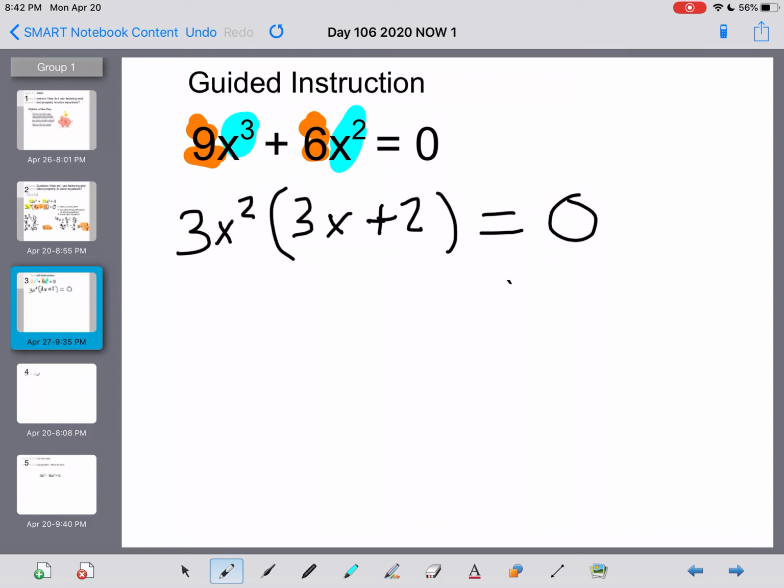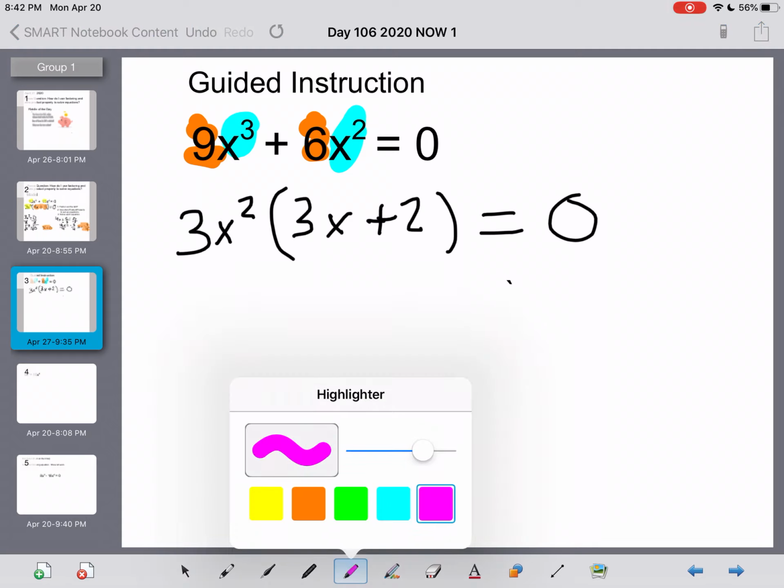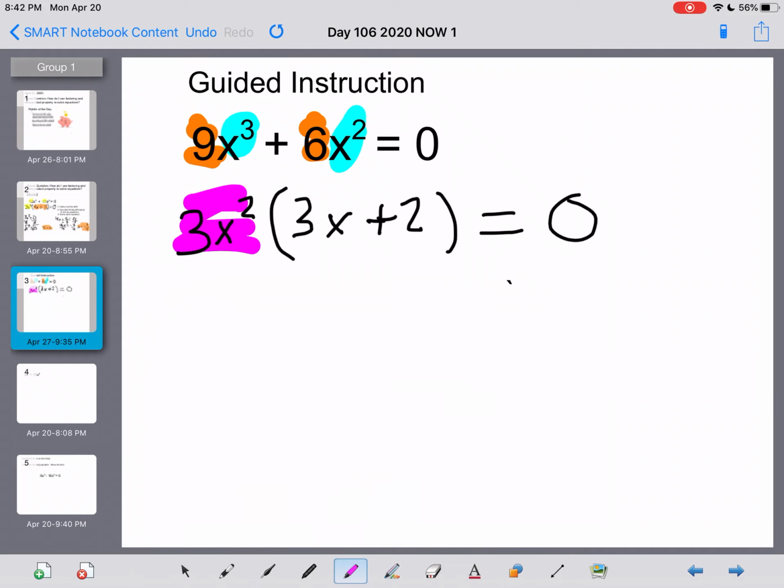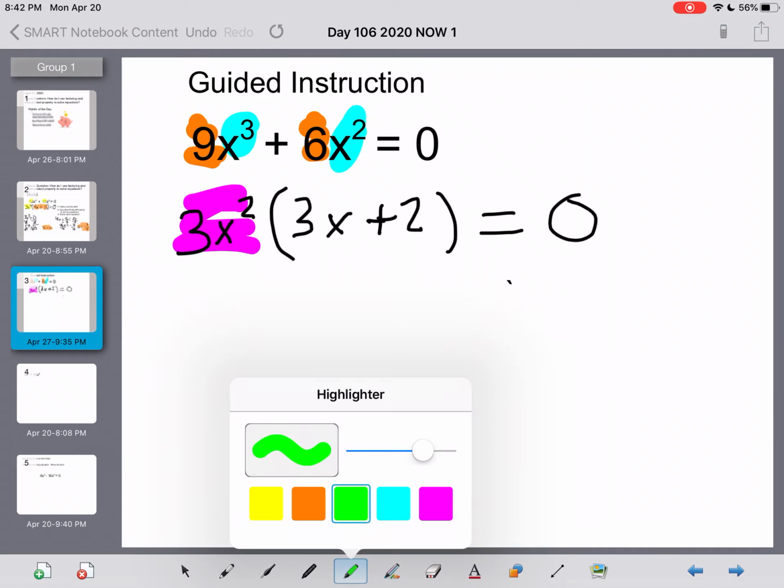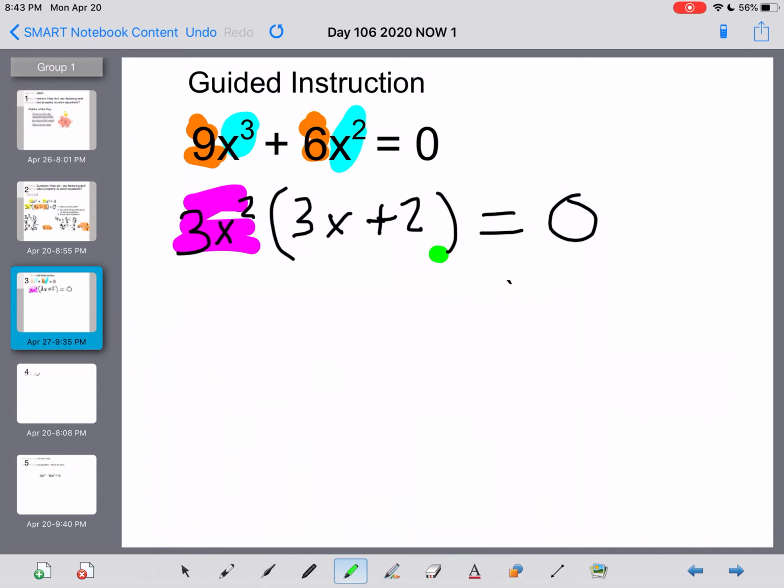All right, welcome back. So hopefully you saw that we're in a great spot to use our zero product property. So we have a factor here, 3x squared, and we have a factor here, 3x plus 2. If we multiply them together to get 0, it means either the purple term or the green quantity has to equal 0.